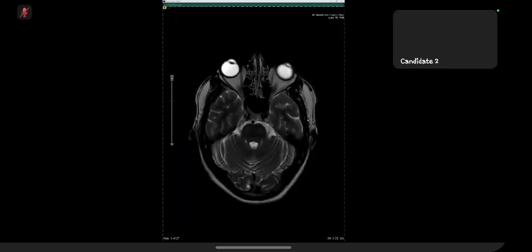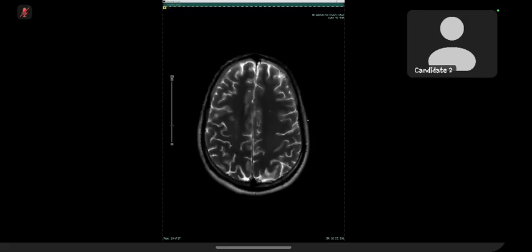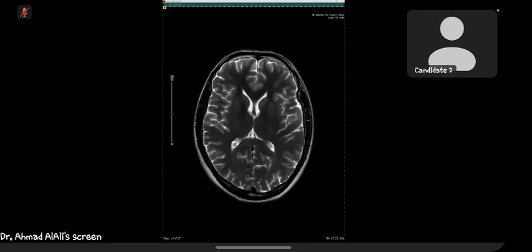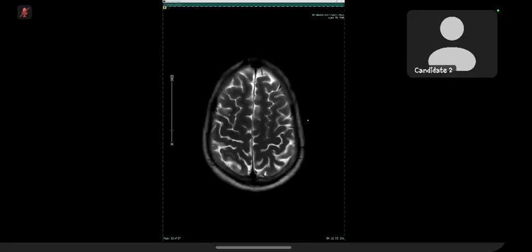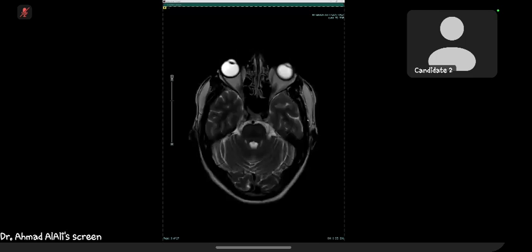These are the T2 weighted axial images of the brain. The patient presents with left-sided body weakness. I would scroll from caudal to cranial till the last cut, then I will explain my findings.